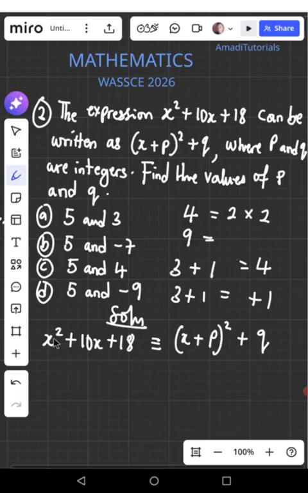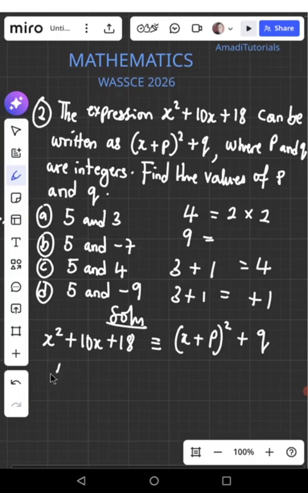So for us to express this quadratic expression as a perfect square, where you multiply two identical expressions to give you what it is, you find the half square of the coefficient of x. The coefficient of x is normally labeled b. So the coefficient of x here is 10, not x squared. The coefficient of x is 10.